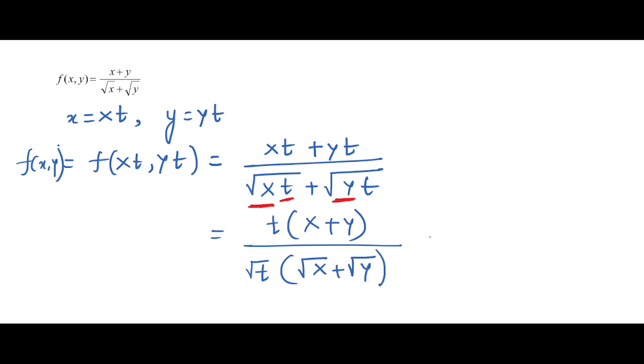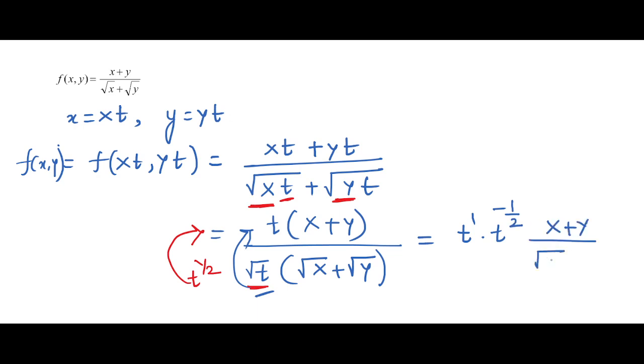Okay. So now this root t we can write as t raised to 1 by 2, and if we shift this t raised to 1 by 2 to the numerator, it becomes t raised to minus 1 by 2. So already one t is there in the numerator, that I will write as t raised to 1, and this denominator t we are going to shift to the numerator, so it becomes t raised to minus 1 by 2, and the remaining term is (x plus y) upon (root x plus root y).